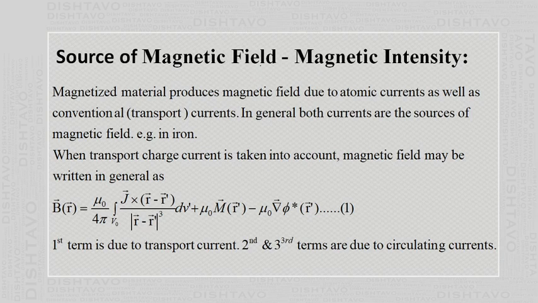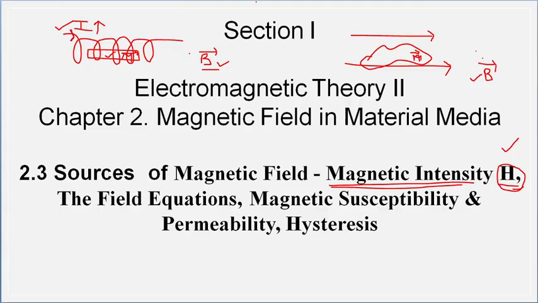Now, to find that, take any magnetized material, as we have seen in this case, this magnet. What happens is that the external field, for example in a solenoid the external current, will magnetize it. This magnetization will produce a magnetic field. Now this magnetic field in turn produces more magnetization of the material.